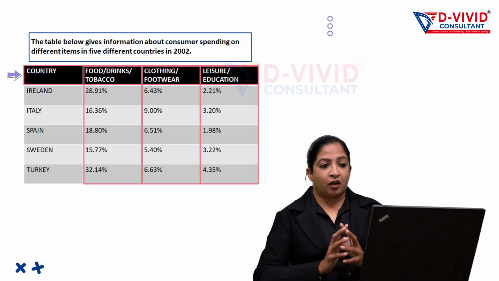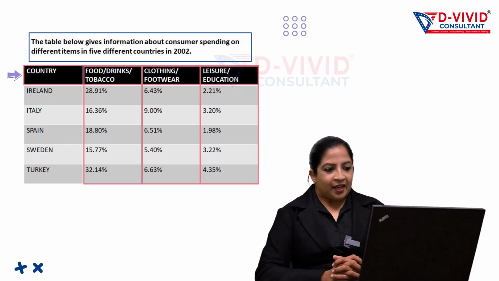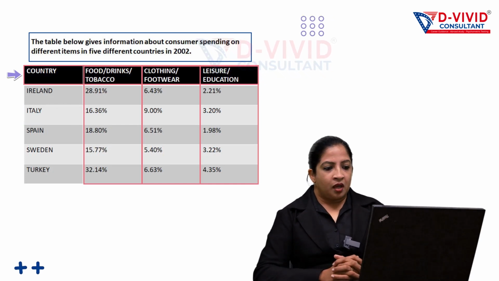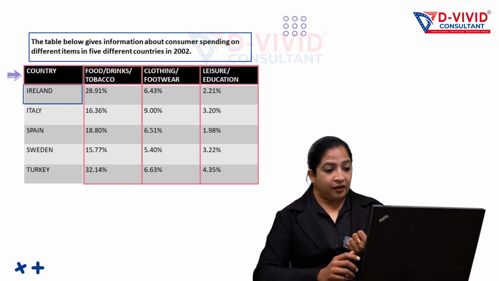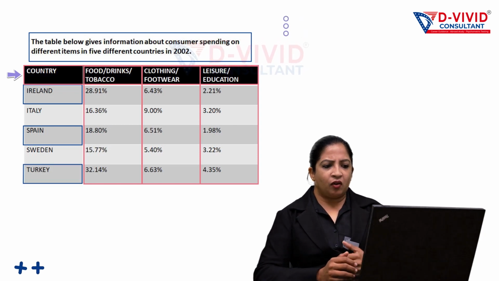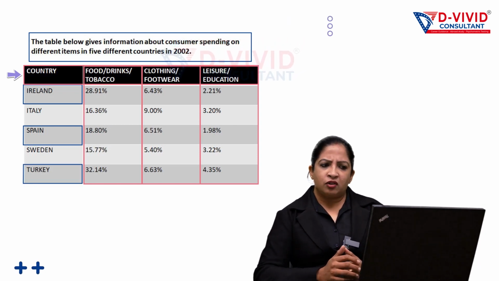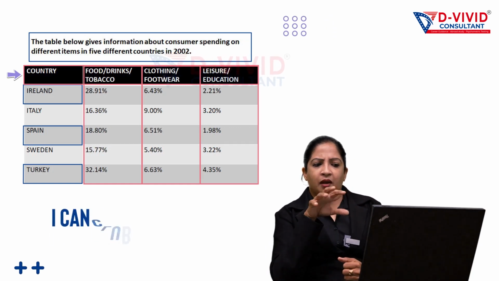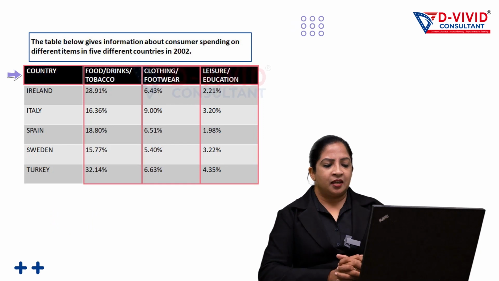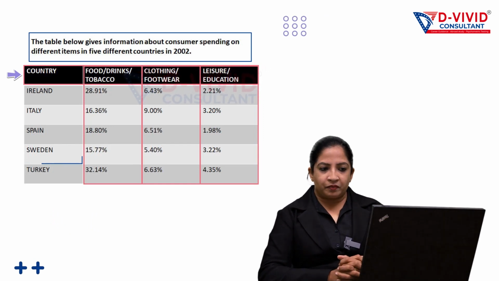Let's observe the data of clothing and footwear. If we see, Italy is spending the most, and Ireland, Spain and Turkey are spending almost close to each other. So don't you think I can club the three? Yes, I can. And the least is by Sweden.